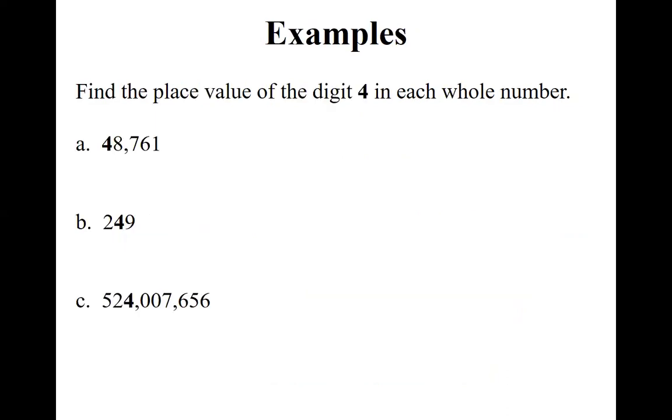But let's go ahead and find the place value of the digit 4 in each of these whole numbers. So we go from right to left, ones, tens, hundreds, thousands, 10,000s. In A, the 4 is in the 10,000s place value. From right to left, in B, ones, tens.